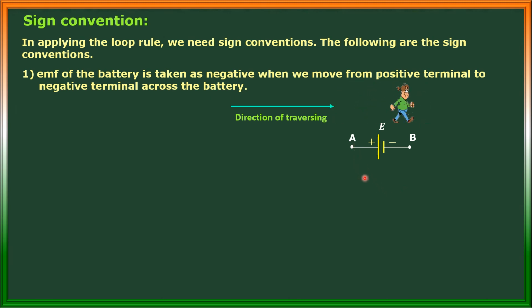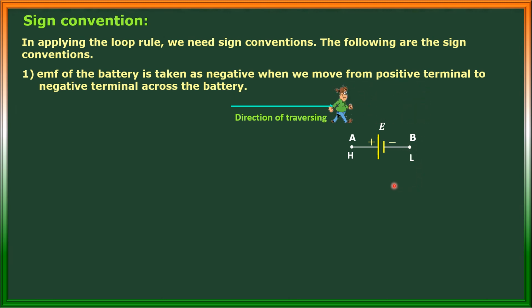So here you can see I have denoted these 2 points by H and L. H means higher potential and L means lower potential. We know that the positive terminal of the battery is at higher potential, the negative terminal is at lower potential.